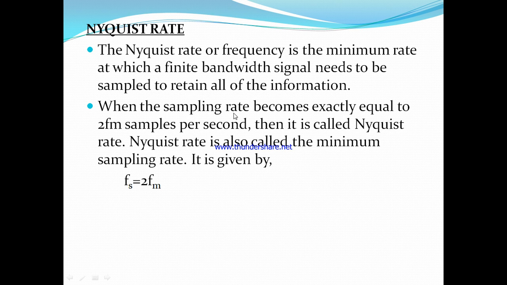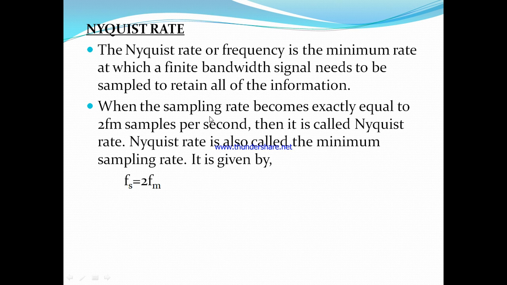When the sampling rate is equal to 2 fm, the original message signal can be recovered. If the sampling rate is more than 2 fm, we can recover the message signal.